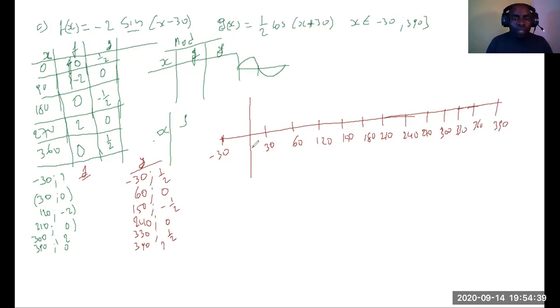So let me go to the first one. Let me use a dark color. For the first one, I can look for where it was. I have got minus 2 sine x minus 30.